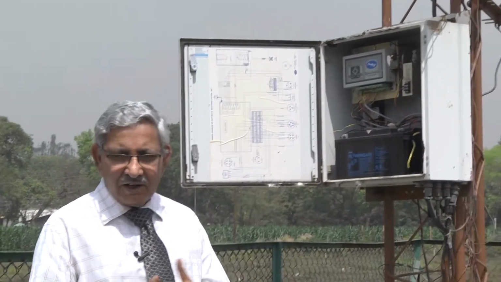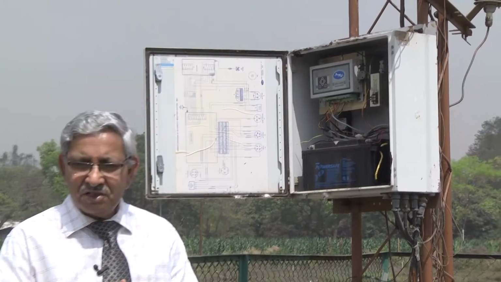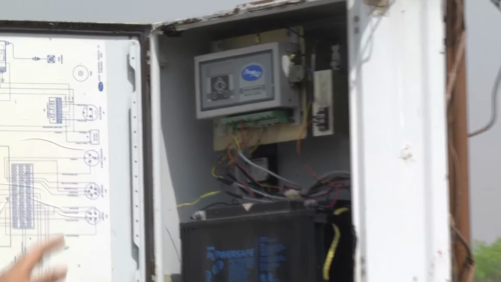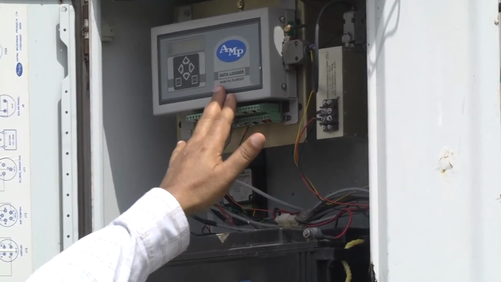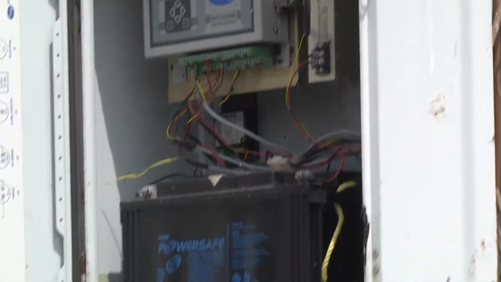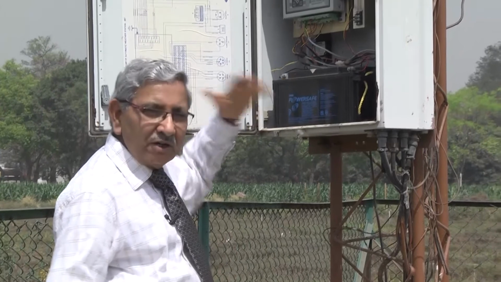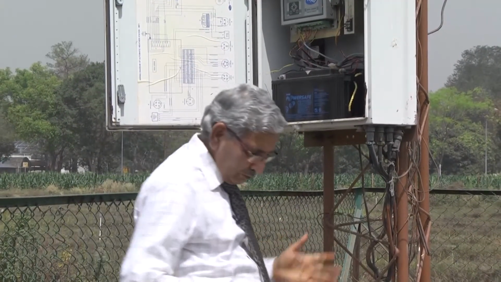All these data are recorded by using sensors in the digital mode. Data are recorded in a data logger. It can be downloaded by connecting, and also it can be transmitted to the server. So, this is the arrangement which we have.